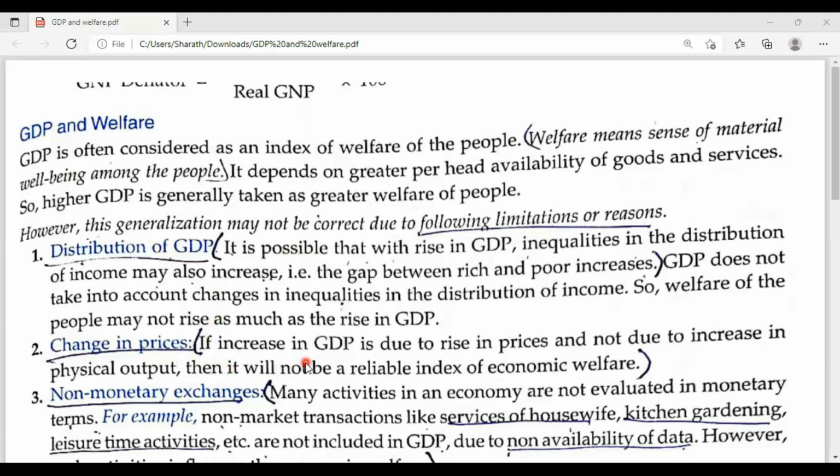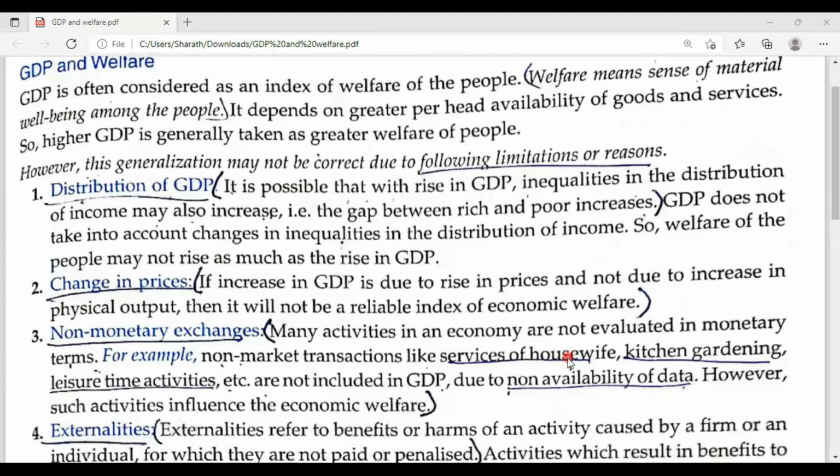Why? Because there is no increase in physical output; the increase has happened only because of the rise in prices. So we cannot consider GDP a right indicator of economic welfare. Okay, let's go for the next one.